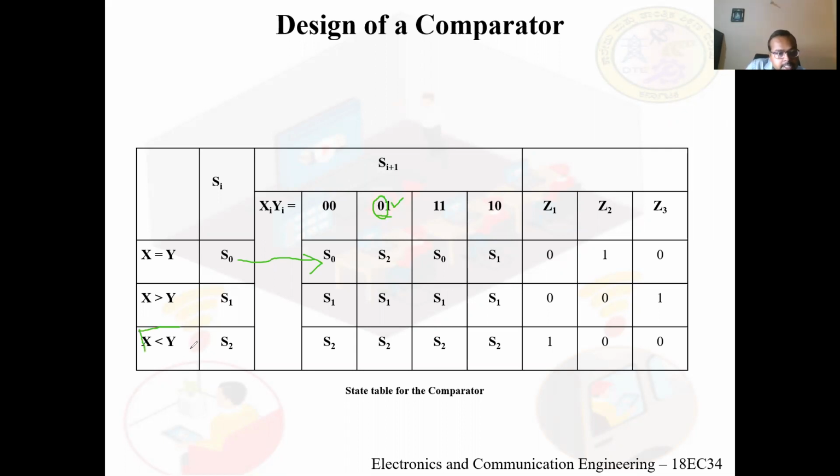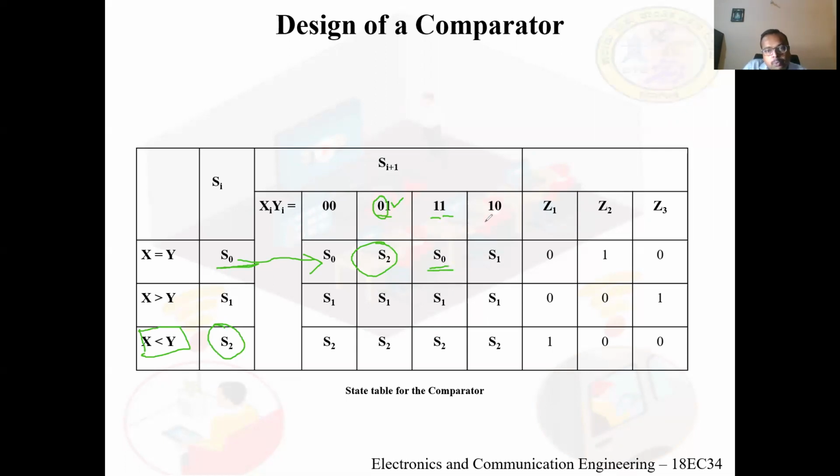X is less than Y, it is S2 state. So the next state will be S2 here. Right? Similarly, if the input X is 1 and Y is 1, since the present state is S0, which is for X equal to Y, the next state will also be S0 because it is for X equal to Y.